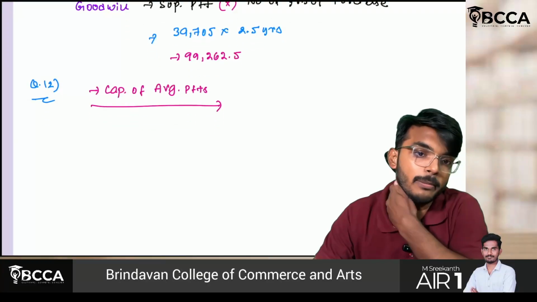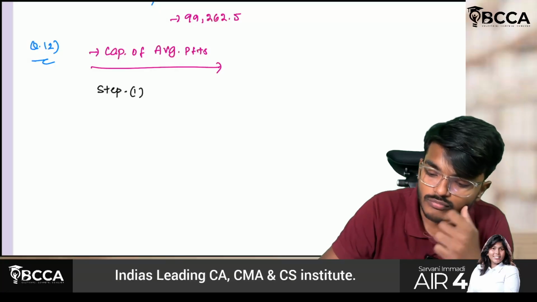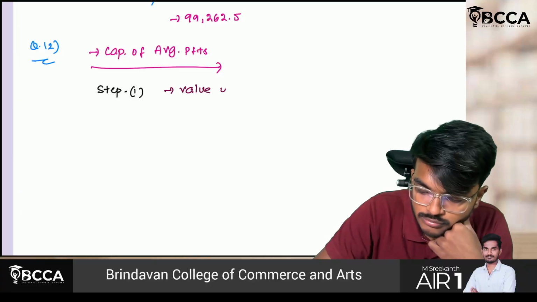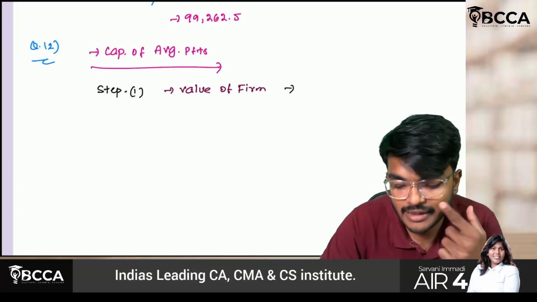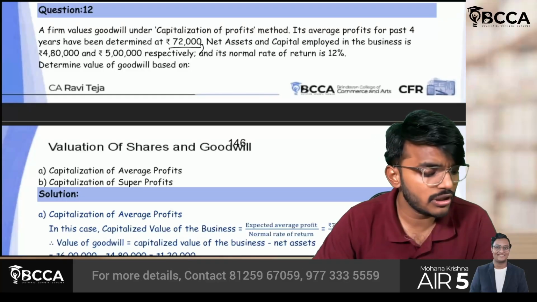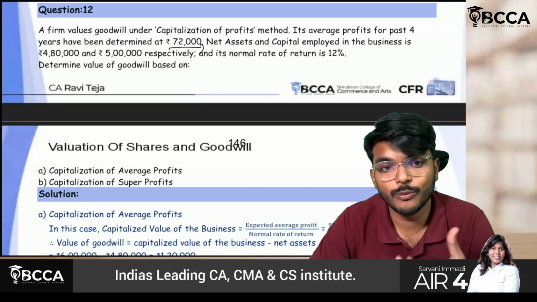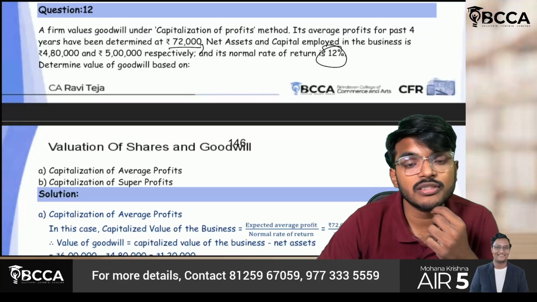I think if you remember, we have to calculate using step number 1 and step number 2. In step number 1, you have to find out the value of the firm. How will I get the value of the firm? Very simple. How much is the profit which I am expecting? 72,000 is the profit you are expecting, and they are clearly saying that the normal rate of return is 12%.